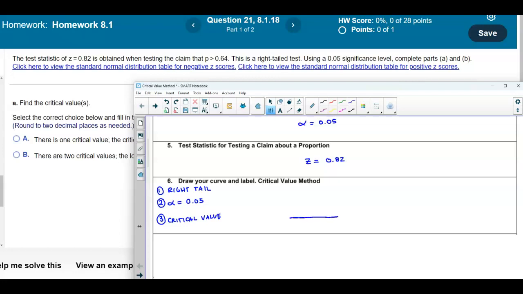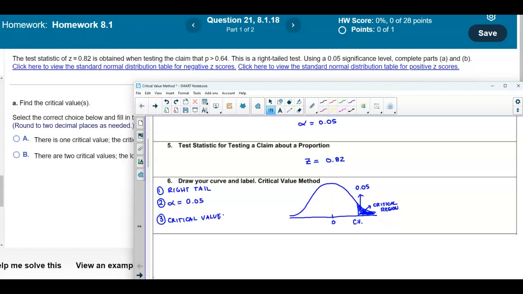So what we can do is draw the bell curve. We know we have a mean of 0, and we know it's a right-tailed test, so we're going to shade over here on the right, and find that critical value over here on the right. That tells us that the area here is 0.05, and the area that's shaded represents the critical region.